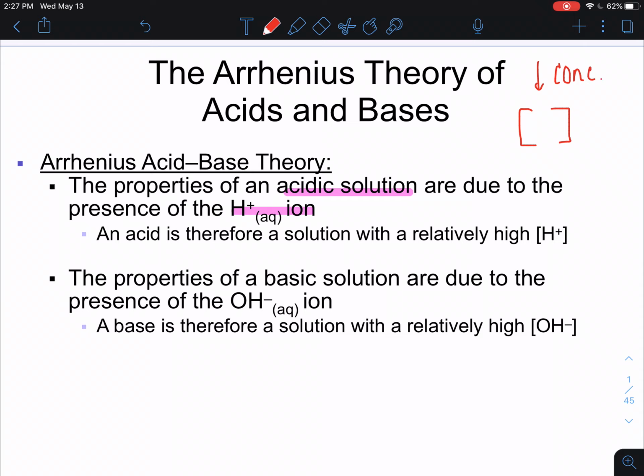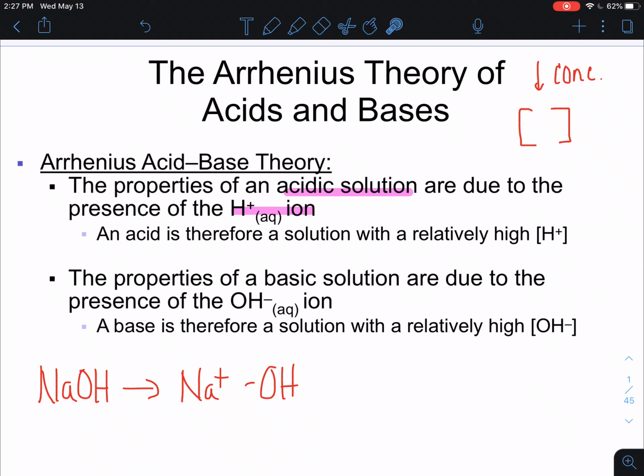Also, the properties of a basic solution are due to the presence of this hydroxide anion. So anything that dissociates, such as sodium hydroxide, in water to generate this hydroxide anion is considered a base. And a basic solution has high concentrations of hydroxide anions.